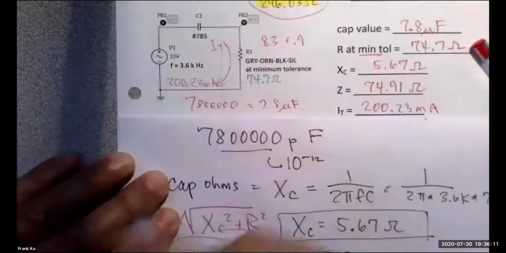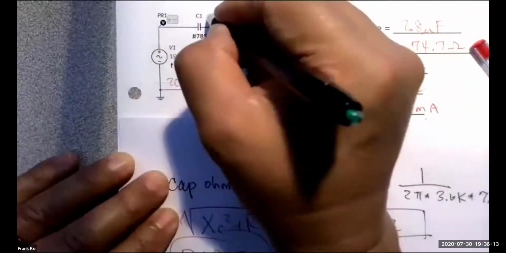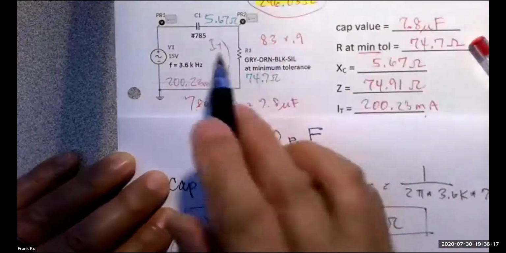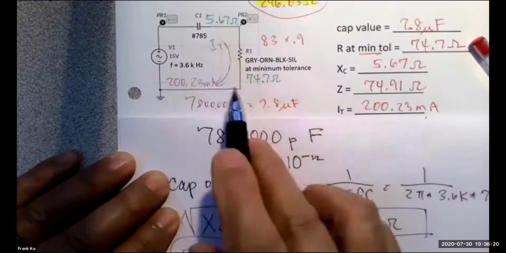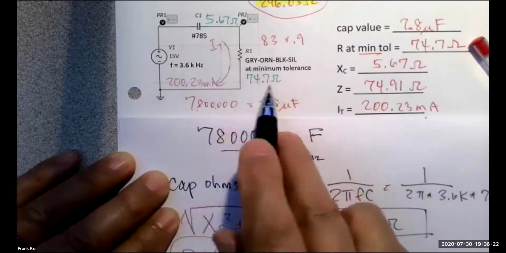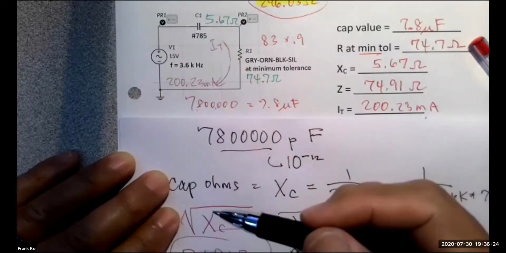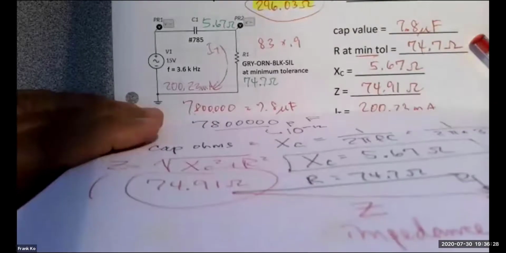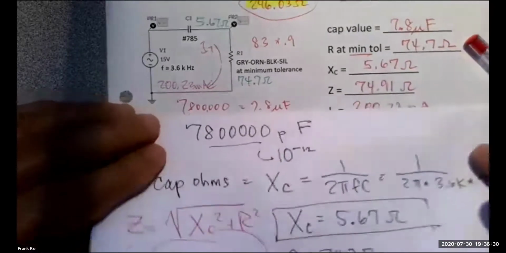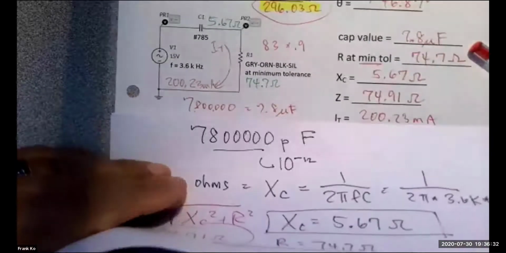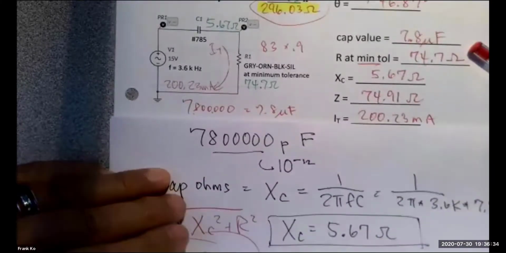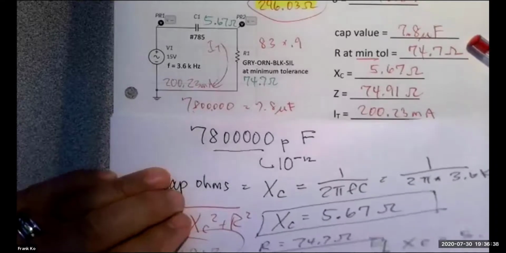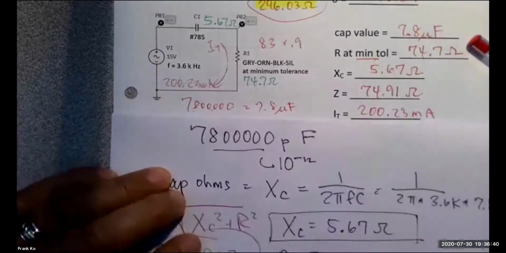The ohms of the capacitor we calculated as 5.67 ohms. If you know the current going through ohms and current going through ohms, can we calculate each of those voltages? And so the next value that you're asked for is the voltage of the resistor. So how do I find the voltage of my resistor? Question goes to Chisamaga. How do I find the value of voltage across my resistor?